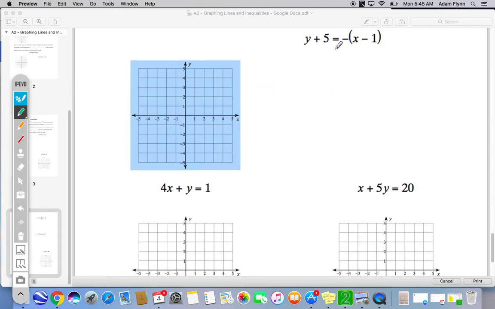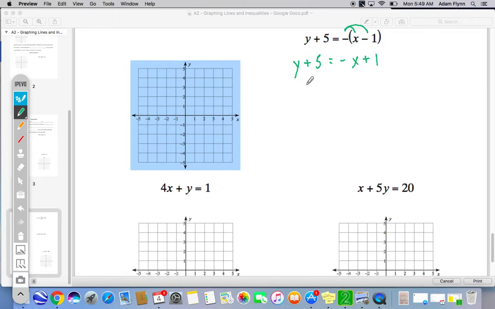Now I have y plus 5 equals a negative sign, or a -1, times x minus 1. So what I can do is distribute that negative sign. So I have y plus 5 equals -x plus 1, just changing the signs.